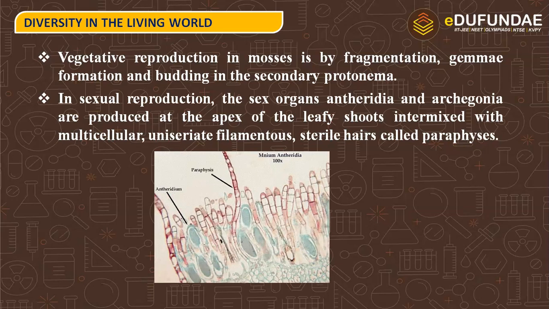So here you can see the structure of paraphyses as well as Antheridium, and they are the sterile hairs. That means they are not performing any role in sexual reproduction. Actually, the main sex organs here are the Antheridia and Archegonia, which perform that function.